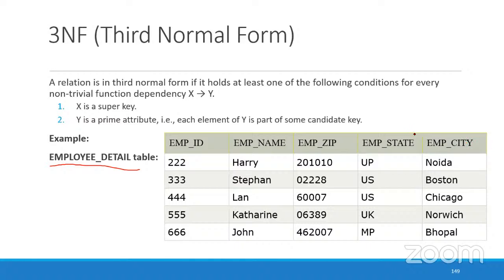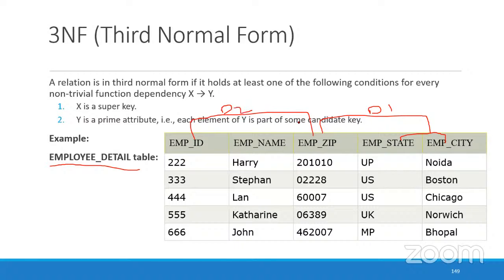Here you can see employee state and employee city are dependent on employee zip. So this is functional dependency one. Employee zip is dependent on employee ID. So this is functional dependency two.